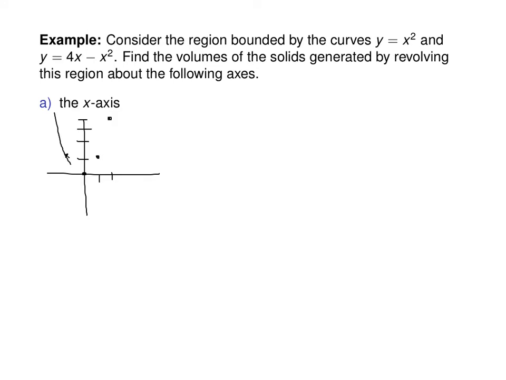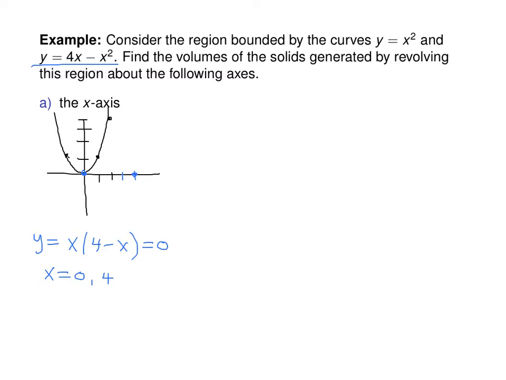So here is y equals x squared. Now 4x minus x squared, the best way to graph that is to find the x-intercepts. Take out the greatest common factor of x, that leaves us x times (4 minus x). This is equal to 0 at x equals 0 and 4. So you know that this graph crosses the x-axis right there and right there.